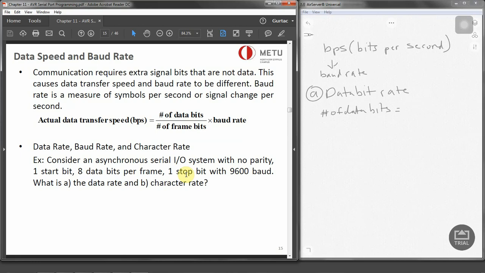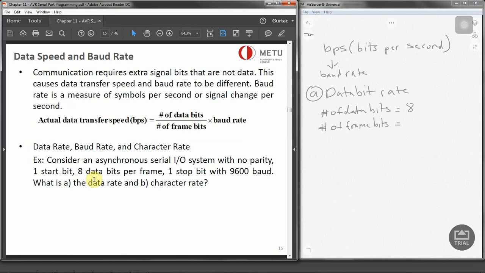We have got 8 bits of data, as it says. So what is the number of frame bits? The frame actually contains start and stop. We don't have any parity, so we don't need to add anything over there.